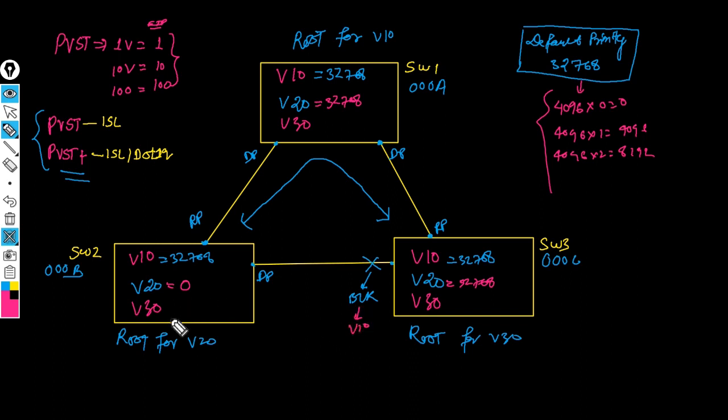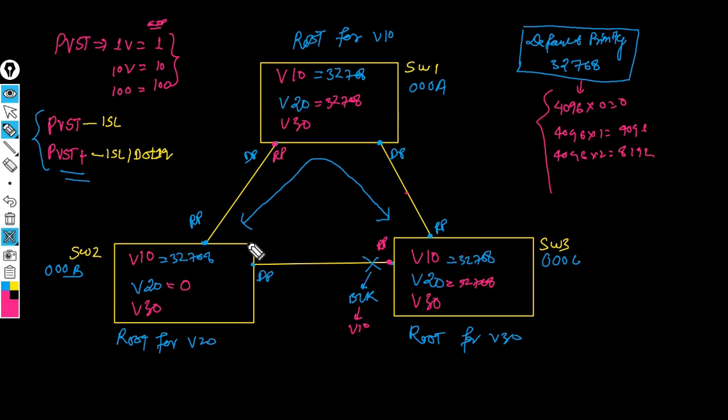Make sure that if it is root for VLAN 10, this will be blocked for VLAN 10. If it is root for VLAN 20, then this will be root for VLAN 20, and this will also be root for VLAN 20. The block port will be here. Which one will be blocked? The cost is 19 plus 19, 19 plus 19, both are the same.